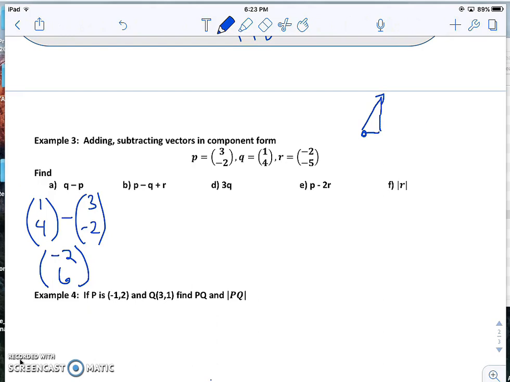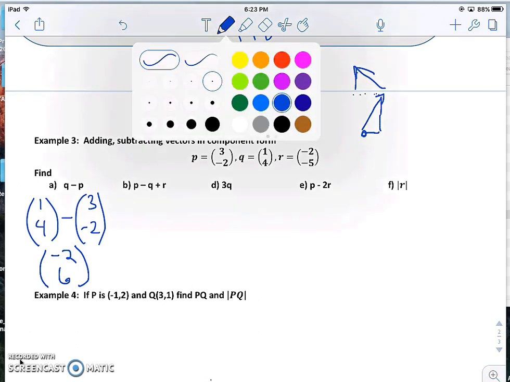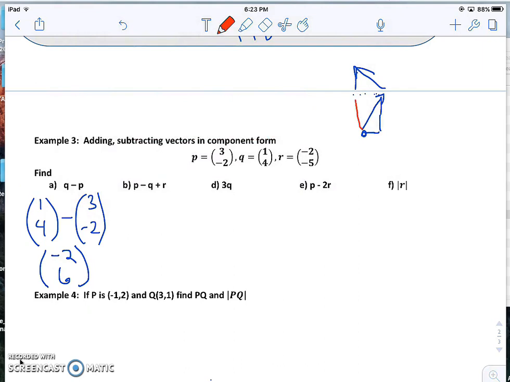Now we're going to go backwards 3 and then minus negative 2, which is really plus. So if we were to draw from one vector to the other, it's backwards 2 and up 6. But we just add or subtract the x's and the y's.